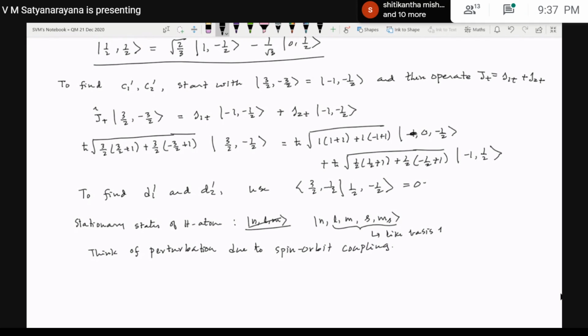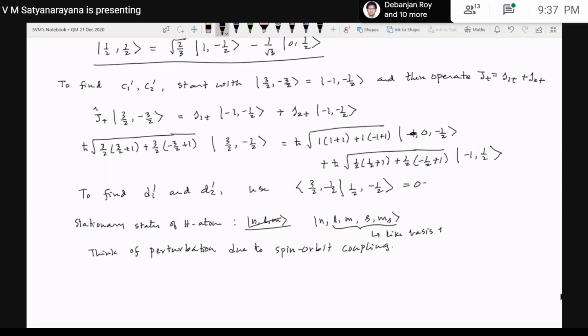If you are looking from the frame of reference where the electron is at rest, then the nucleus will be going around this electron, and that constitutes a magnetic field with which the electron spin can interact.